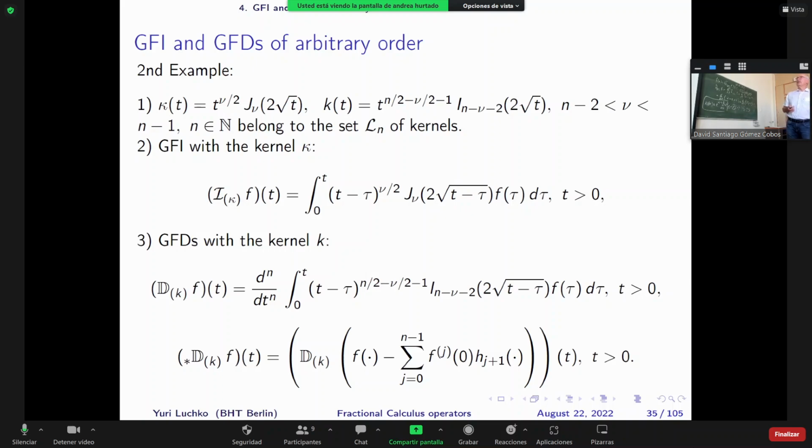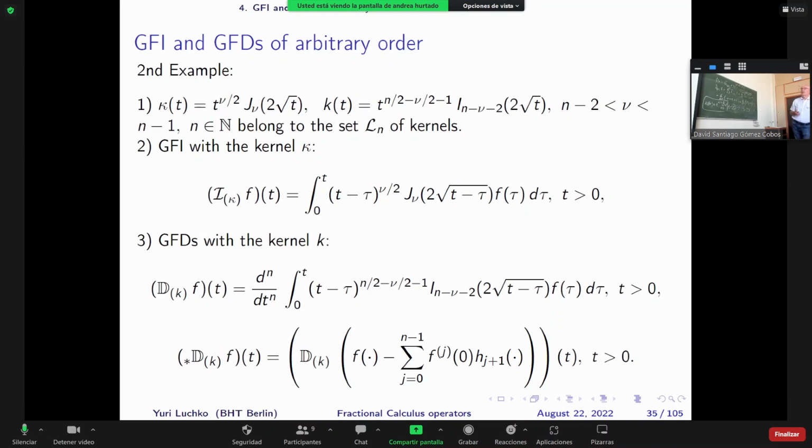For example, if we take the kernels or modified version of the kernels introduced by Sonin in terms of the Bessel function j and the modified Bessel function I with some power law multipliers, it's an easy exercise to check that these kernels belong to the set Ln of the kernels, and then the general fractional integral can be written down in this form with the Bessel function here, and of course the power law function, and the general fractional derivatives take this form.